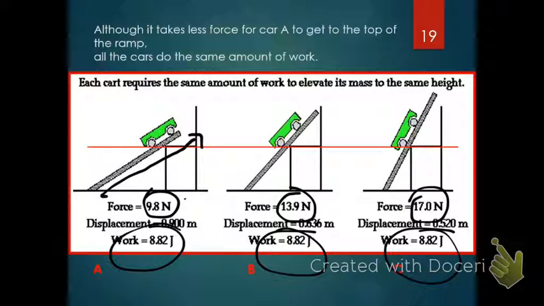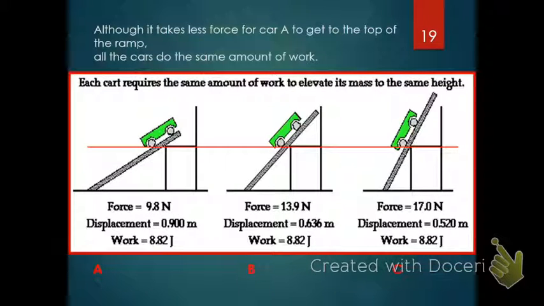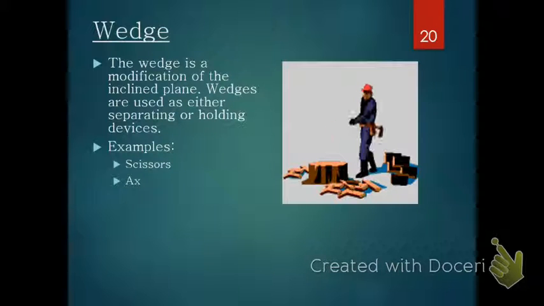You're doing the same amount of work. So you decide, do you want to exert 17 newtons of force, right, to do 8.82 joules of work? Or do you want to exert 9.8 newtons of force to do the same amount of work? Simple machines make work easier. Okay?